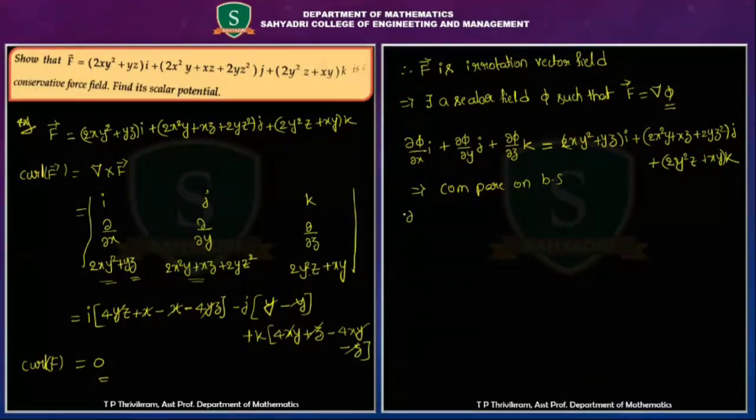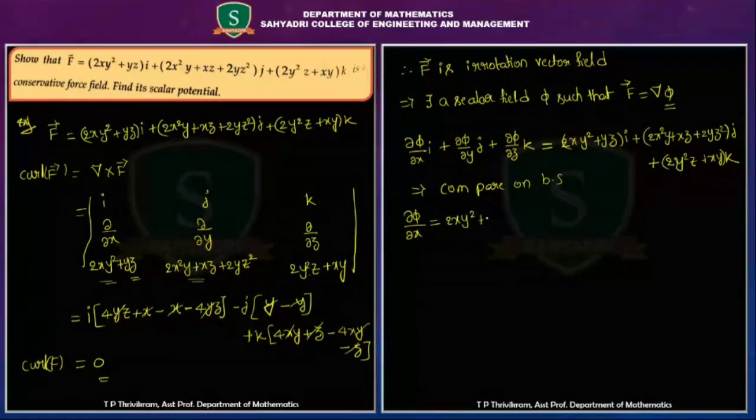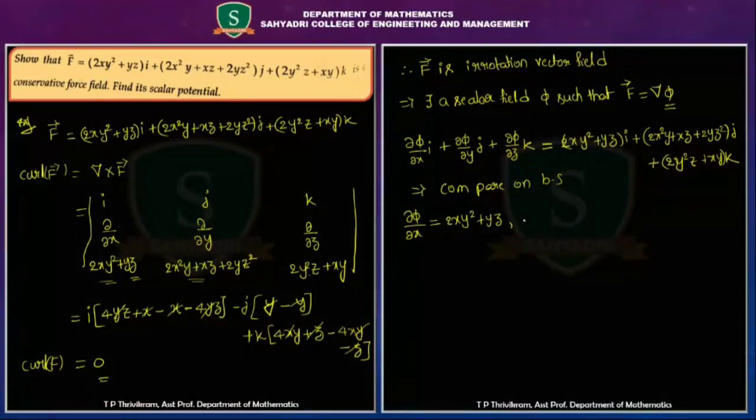Check once. Dou phi by dou x will be the i coefficient here, 2xy square plus yz. Similarly, dou phi by dou y, you will get it as 2x square y plus xz plus 2yz square. Next, dou phi by dou z, you will get it as 2y square z plus xy.